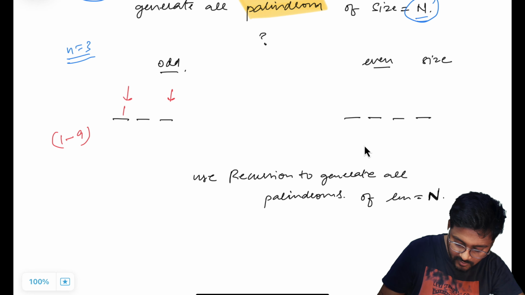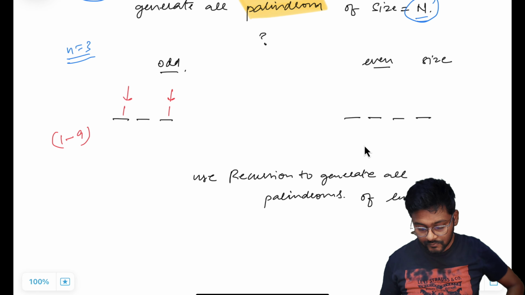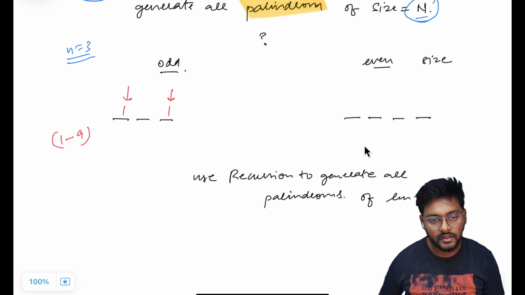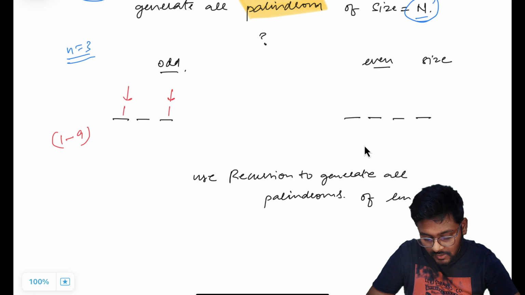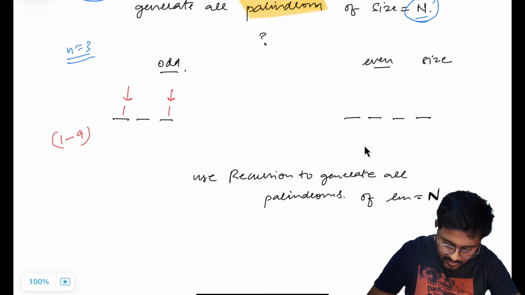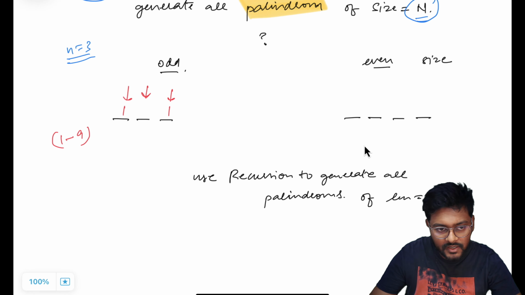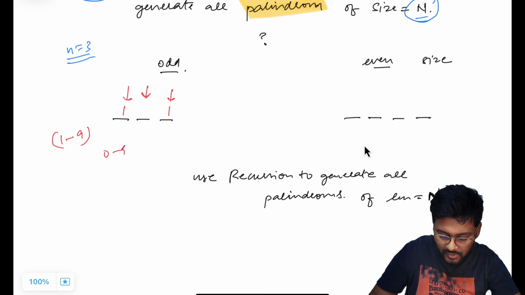So let's say I have picked 1. In that case, I also have to put 1 here, because that is the only way to generate a palindrome. And after that, at the second position, after the first position, we can pick any digit from 0 to 9. We don't have to exclude 0, so you can pick anything.